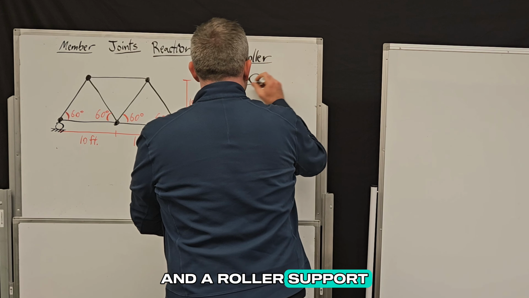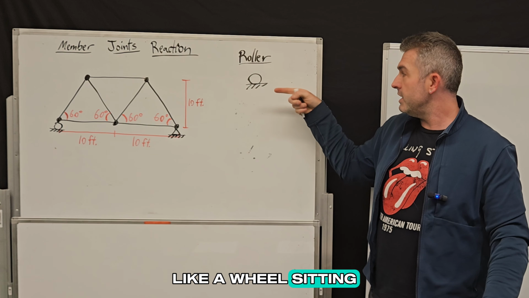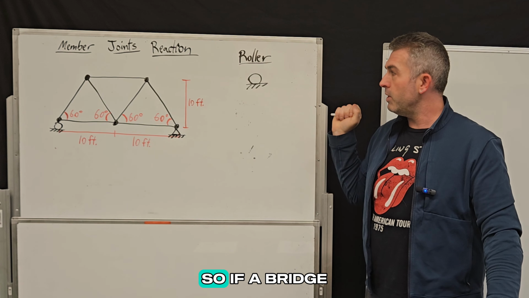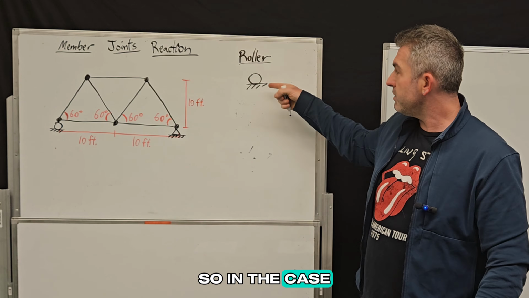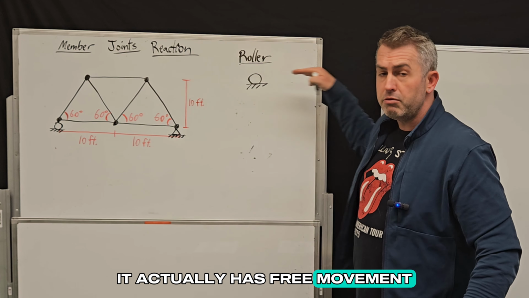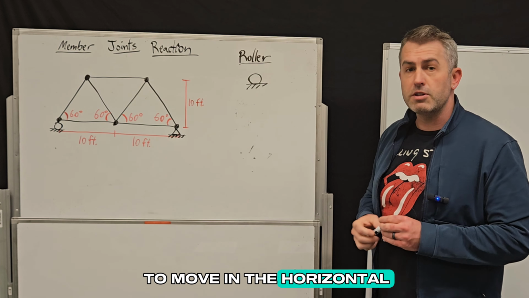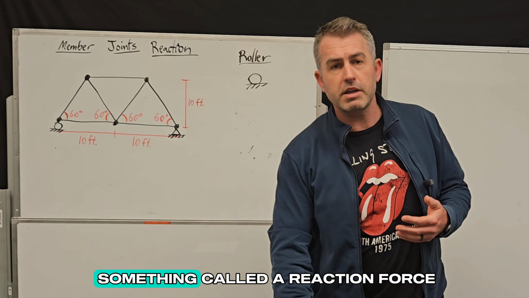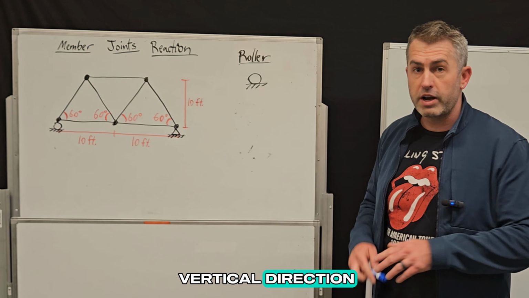And a roller support is typically modeled as a circle, like a wheel, sitting on the ground, okay? So if a bridge is supported on a roller support, that means it's free to move in one direction. So in the case of this roller, it actually has free movement in the horizontal direction. And because it's free to move in the horizontal direction, we say that there's something called a reaction force that's preventing it from moving in the vertical direction.